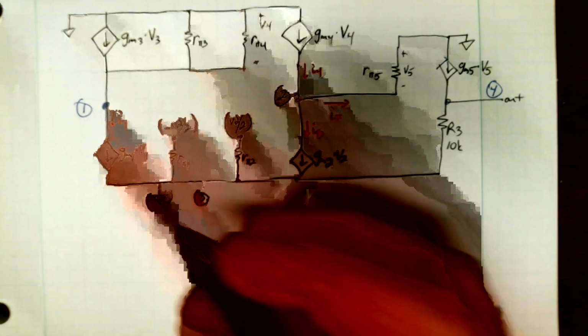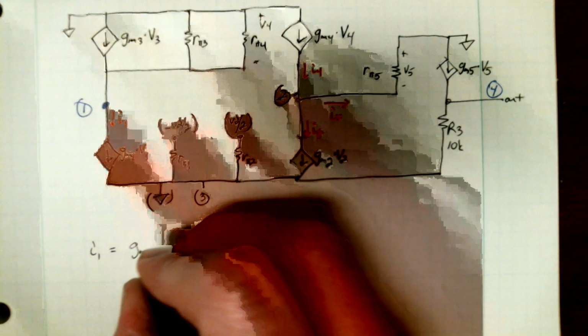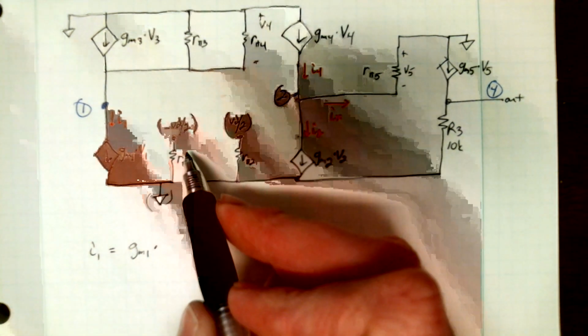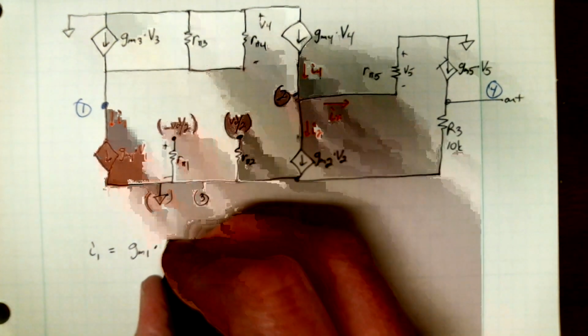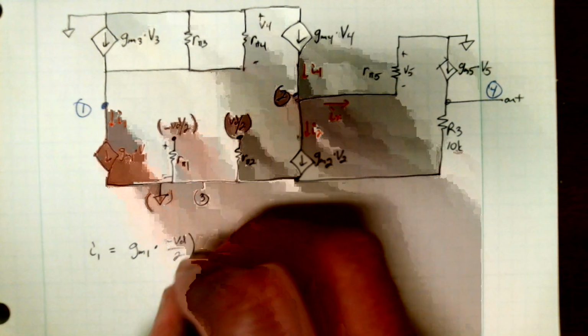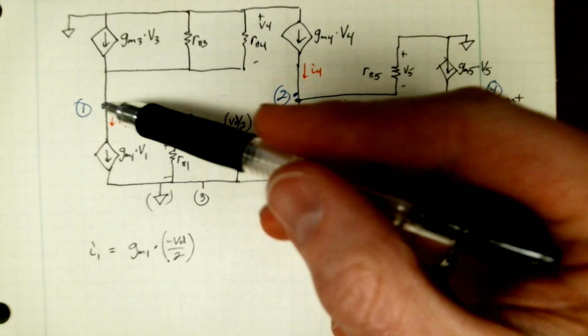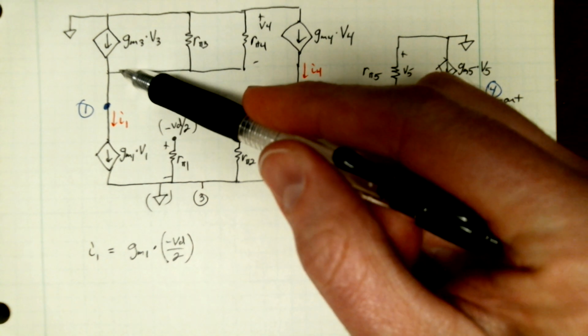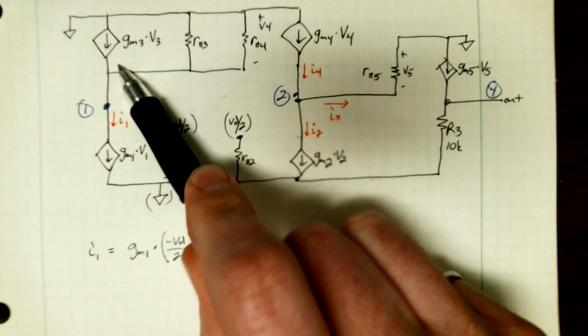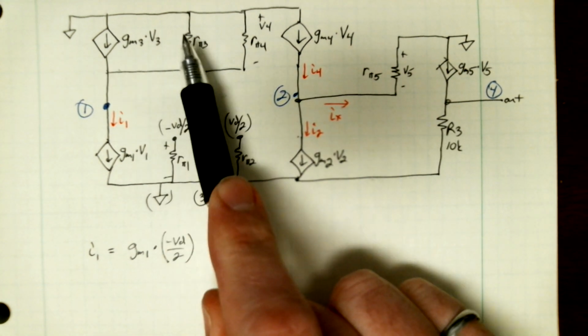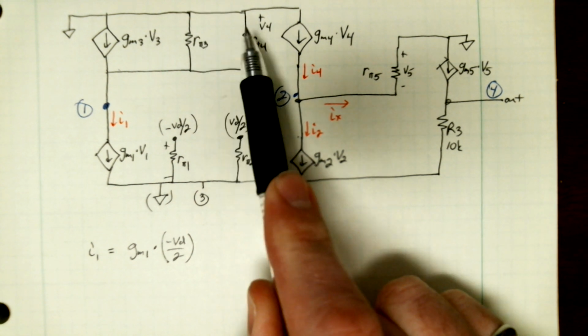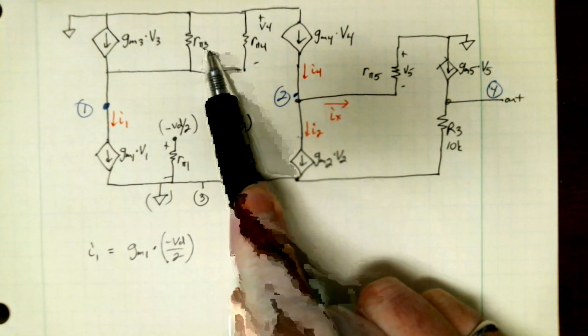Alright, so I1 is GM1 times, well, V1 is the same thing as minus Vd over 2. Now for I1, I'm going to do KCL on the top side. 3 currents, this one, Ohm's law, which is V4 over R pi 3.